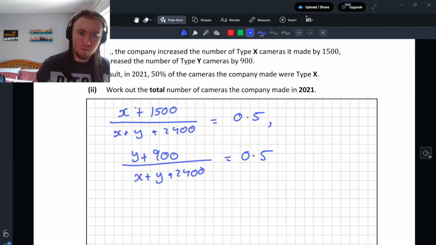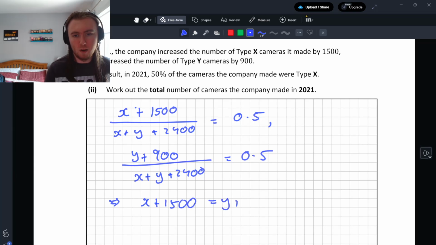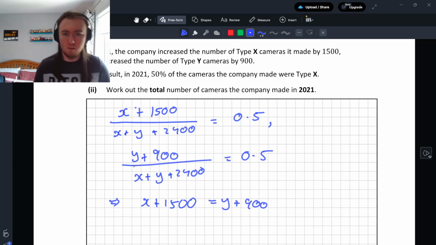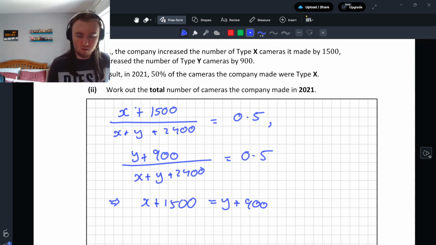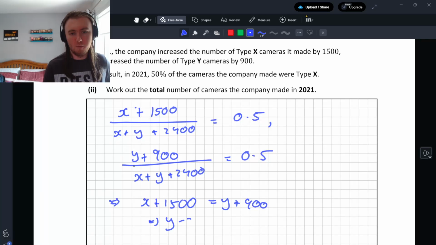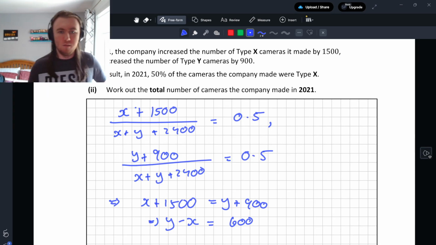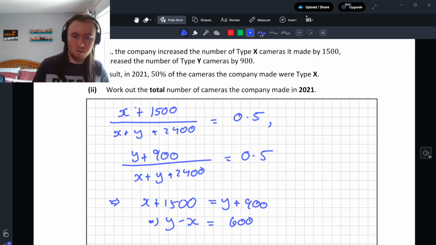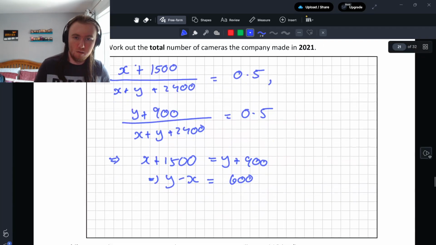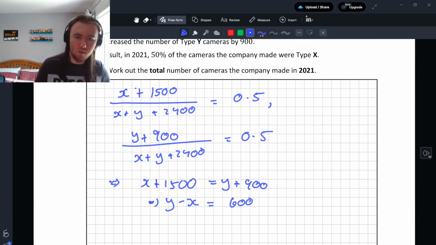Putting the two of them together, you get X plus 1,500 is equal to Y plus 900. So the number of Y cameras minus the number of X cameras is equal to 600. So Y is just 600 plus X.